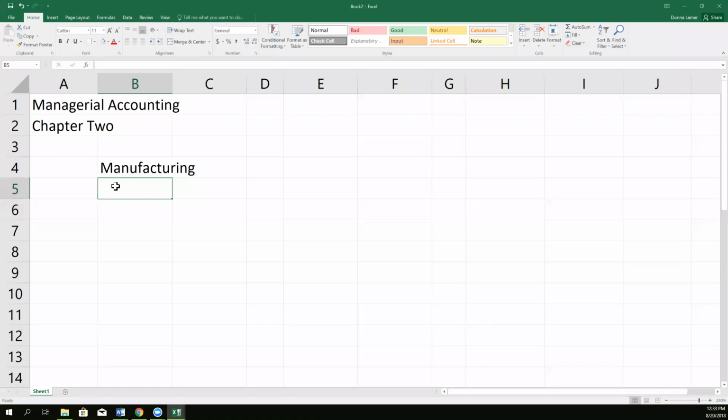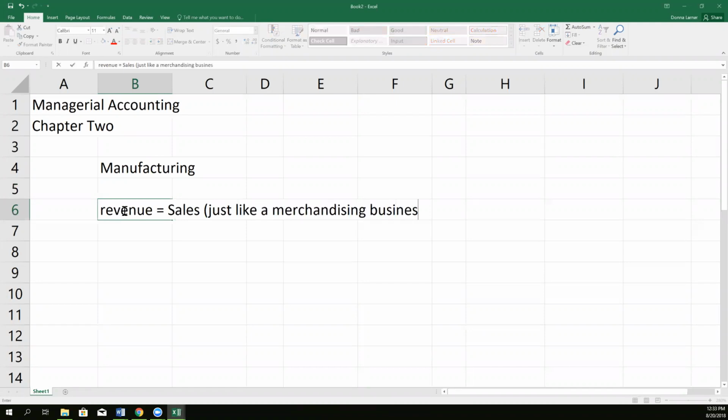We're going to go into a manufacturer. Again, they sell products, so their revenue is still sales. Expenses.